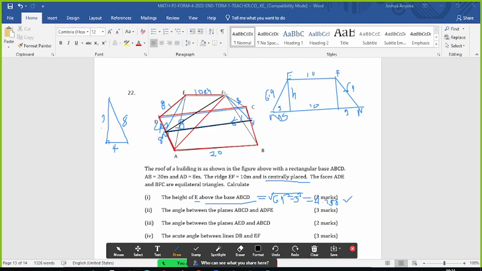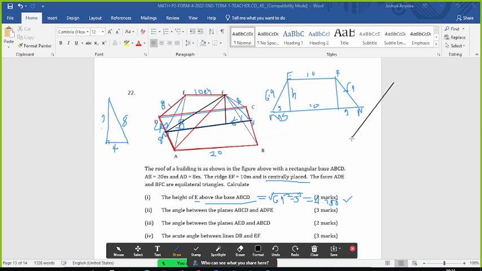Then if I drop a perpendicular from here to this side, we are going to see a triangle, a triangle that is behaving this way.